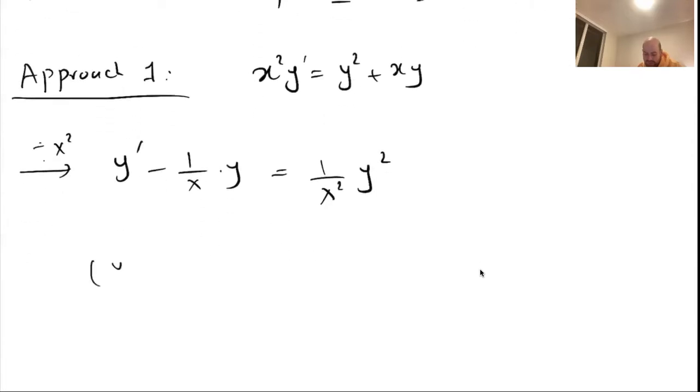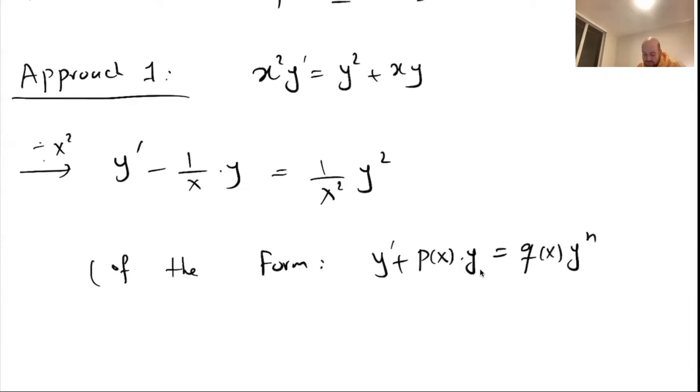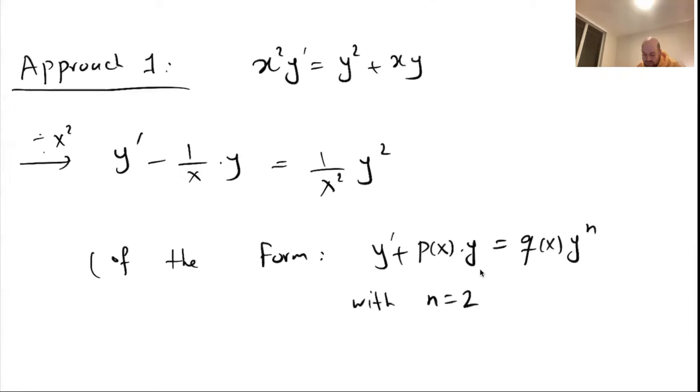So it's of the form y prime plus p of x times y equals, let's say, q of x y to power n with n equals 2.